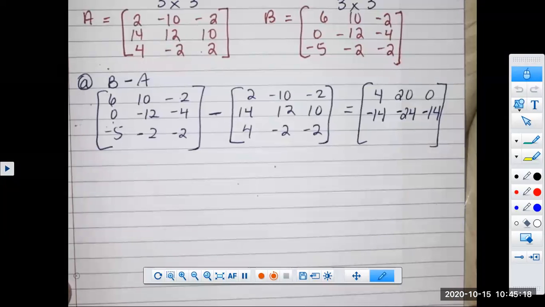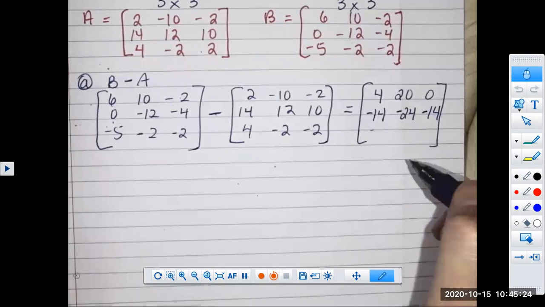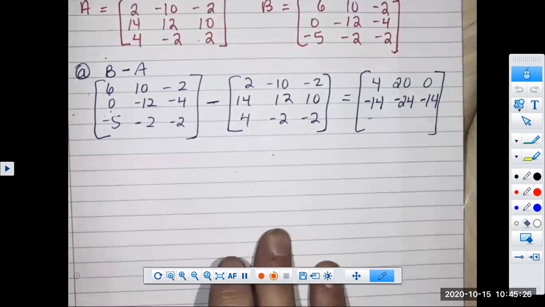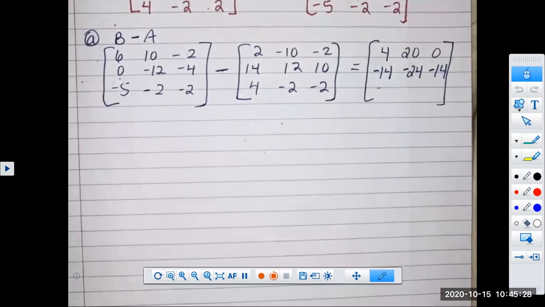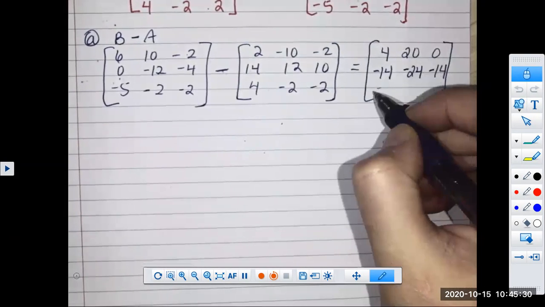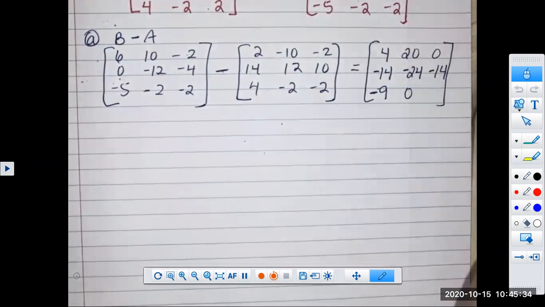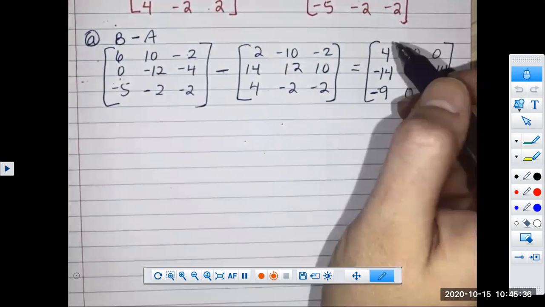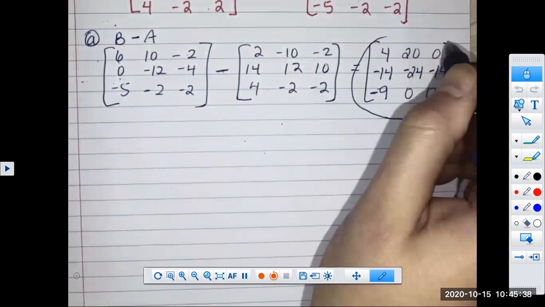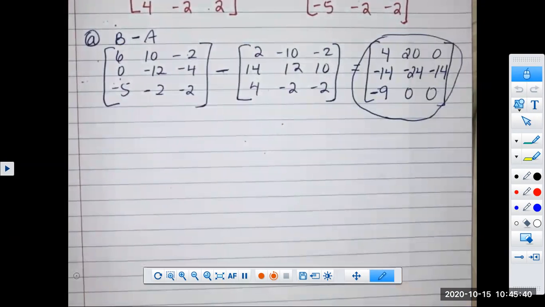What are my bottom 3 numbers here on that last row? Yep, negative 9, 0, and 0. Okay, how do y'all feel about subtracting and adding matrices? Good with that?